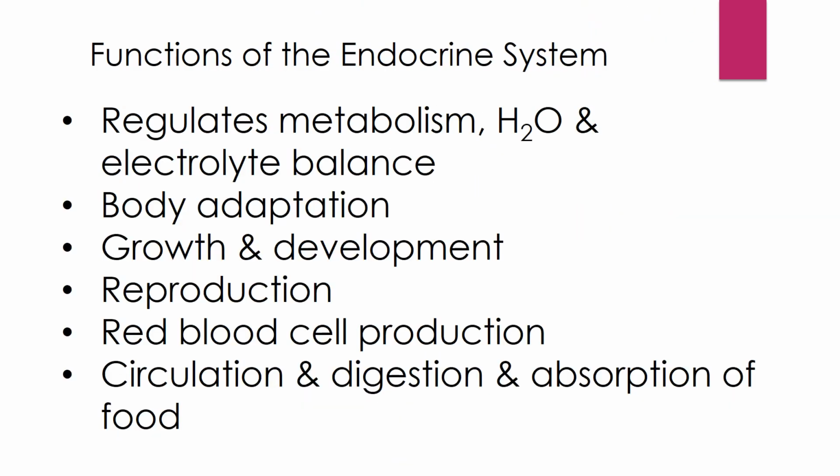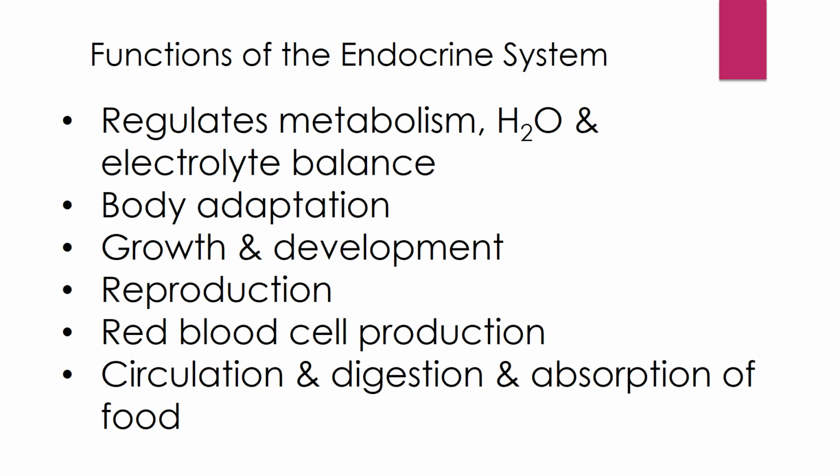Some of the functions of the endocrine system include the regulation of organic metabolism, as well as water and electrolyte balance. Also, it induces adaptive changes that help the body cope with stressful situations.